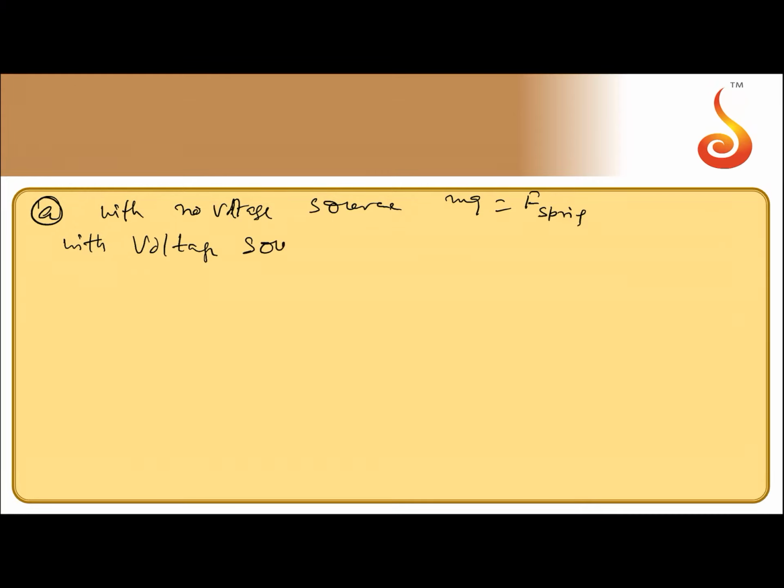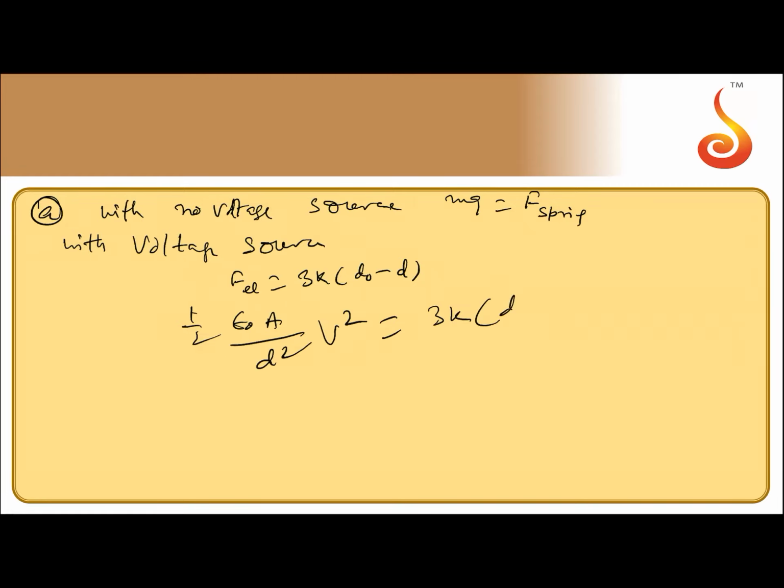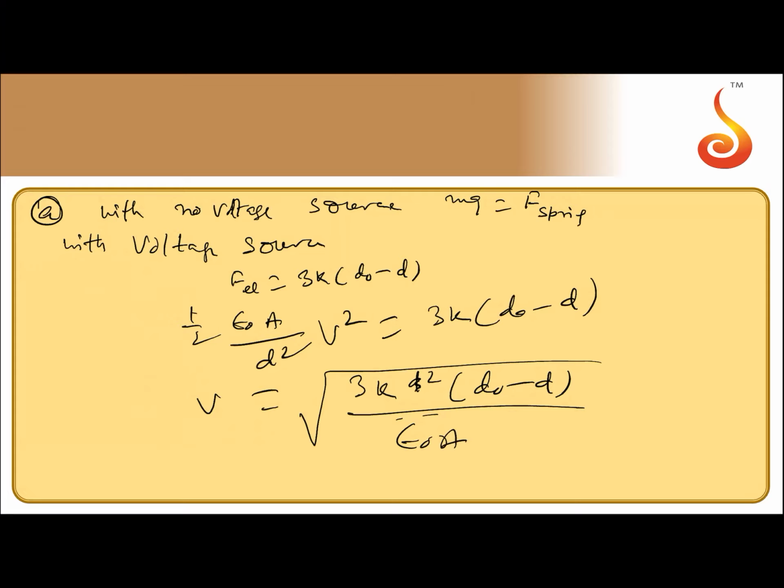With voltage source, F electrical is equal to spring force, that is half epsilon naught A by d square into V square is equal to 3K. So V will be equal to root over 6K d square d naught minus d by epsilon naught A.